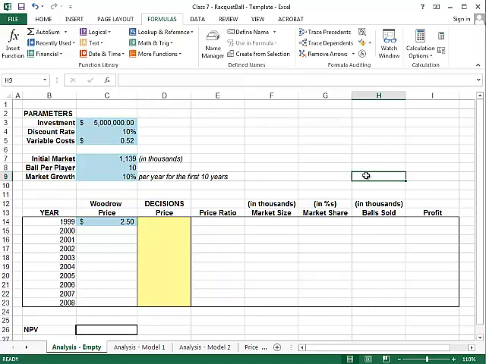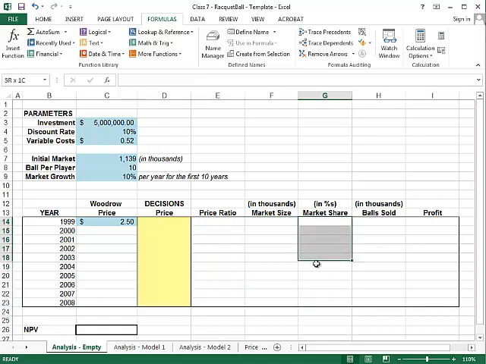What does this model do? In this model, given the prices of the competition and given the price decisions of our company, we first come up with a price ratio. We examine how the overall market will grow in the next 10 years.